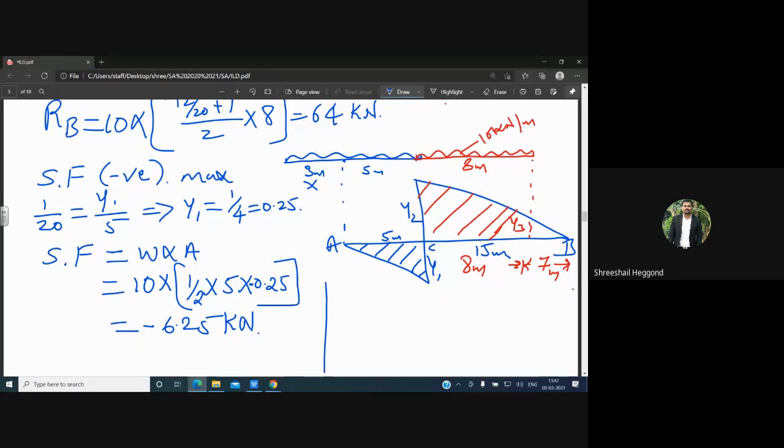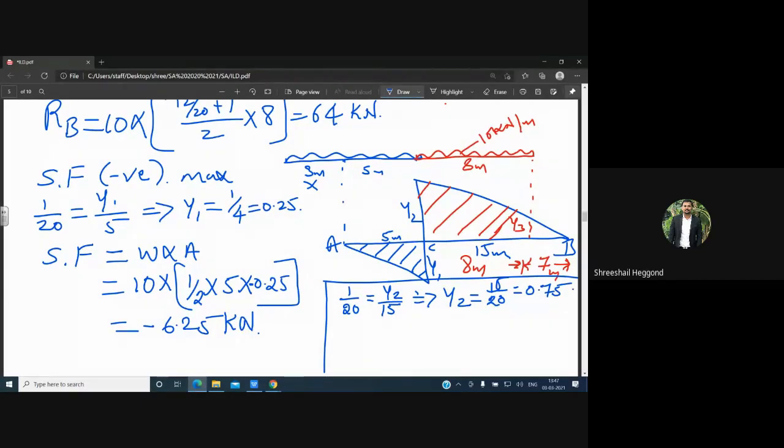Ordinates can be calculated as, here we are calculating ordinates, that is 1 divided by 20 is equal to y2 divided by the remaining distance of 15 meter, or y2 can be given as 15 divided by 20, or 3 by 4, or you can write in point value 0.75.